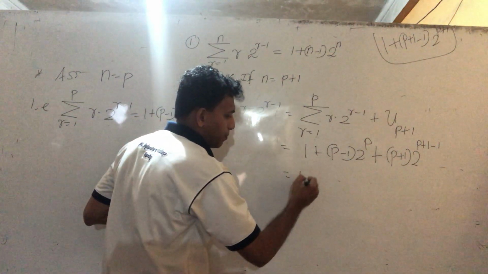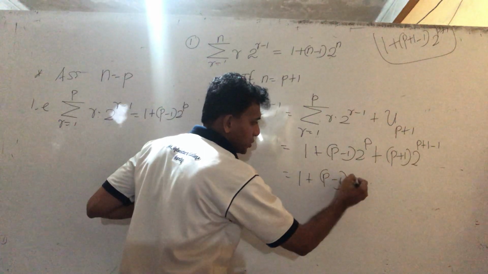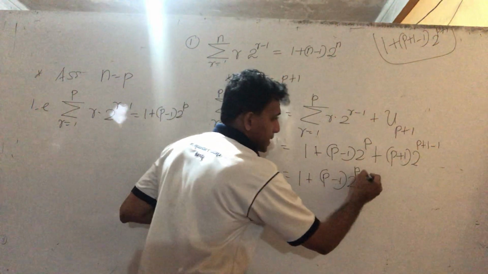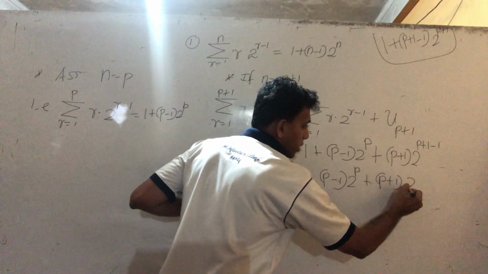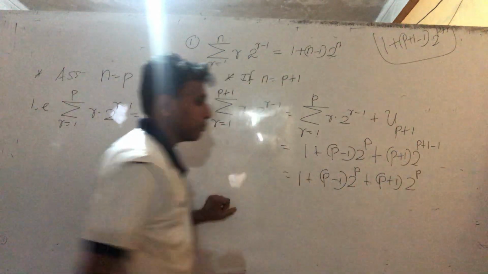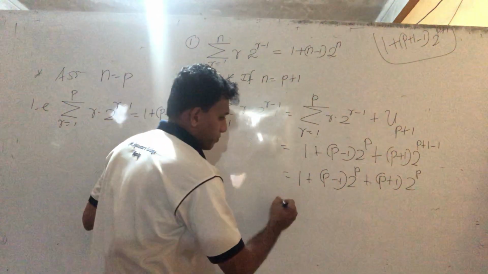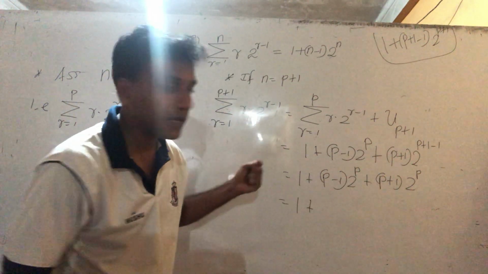Therefore, 1 plus (p minus 1) into 2 to the power p, plus (p plus 1) into 2 to the power p, since plus 1 minus 1 cancels. Here, 1 plus, can I take 2 to the power p out?